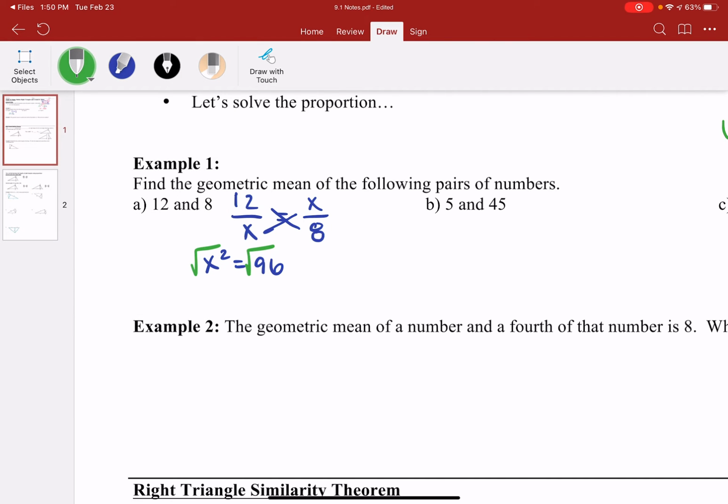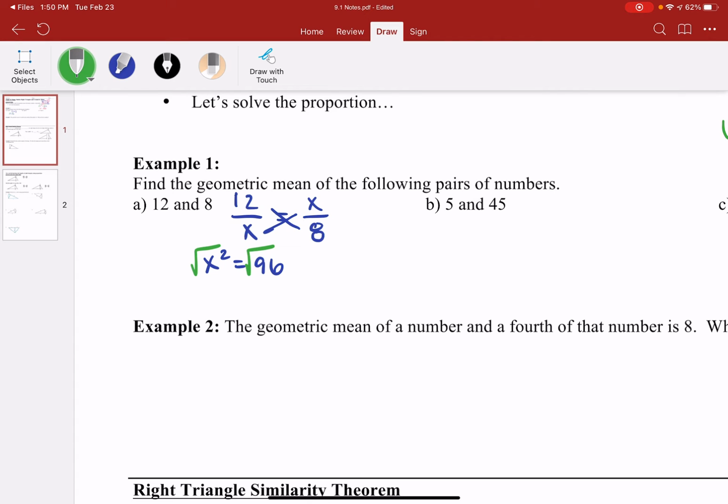Now 96 is not a perfect square. So you need to think of numbers that divide into 96, and you want to think specifically of perfect squares that divide into 96. For example, perfect squares are like 4, 9, 16, 25, and so on.